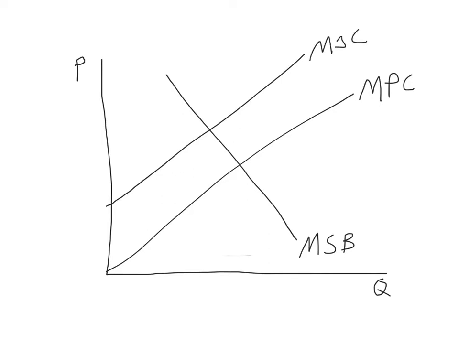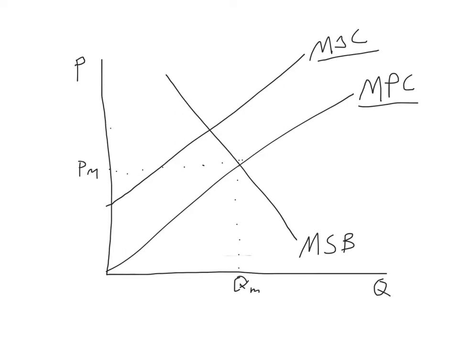The marginal private cost is the cost of me smoking it, but the marginal social cost is how it affects the other people. Where the marginal social benefit and the marginal private cost meet is where our equilibrium, or market price, is. So this here will be the quantity at market, and here will be the price at market.